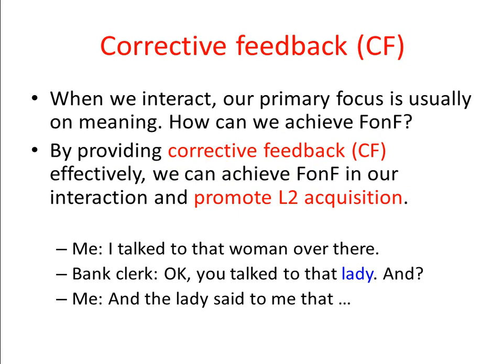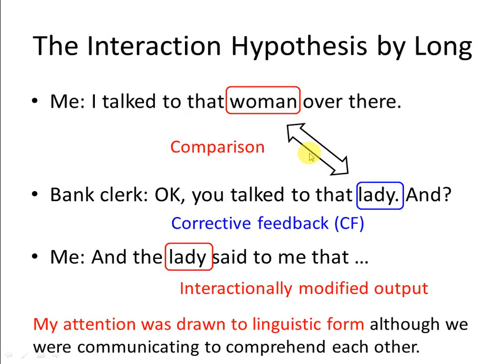So in our interaction, we can provide corrective feedback, just like this bank clerk did. We are having a conversation, we are trying to understand each other, but she provided me with corrective feedback. And at this moment, focus on form was achieved briefly.